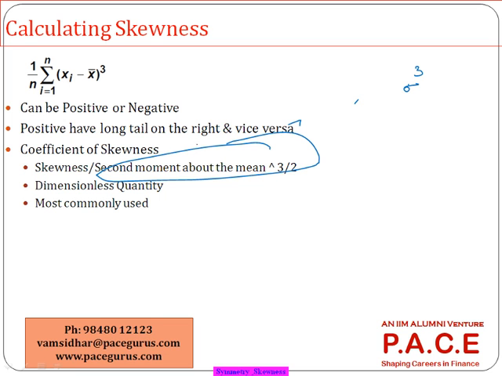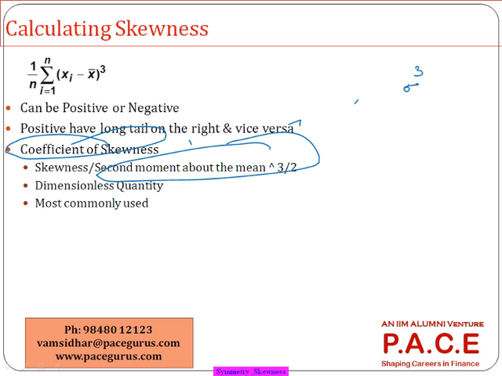That is what we call the coefficient of skewness. Skewness is different, coefficient of skewness is different. Coefficient of skewness is a dimensionless quantity because you are dividing by some other cube. Cube by cube, the units get cancelled off. Only the value will get retained.